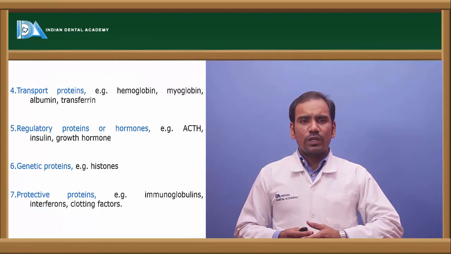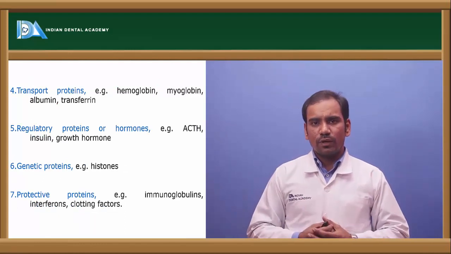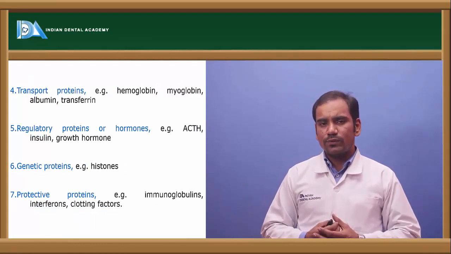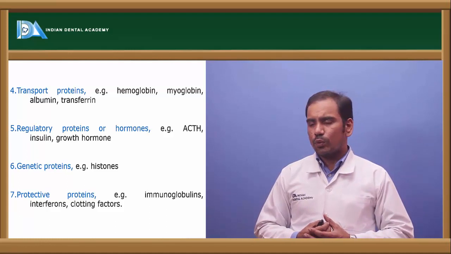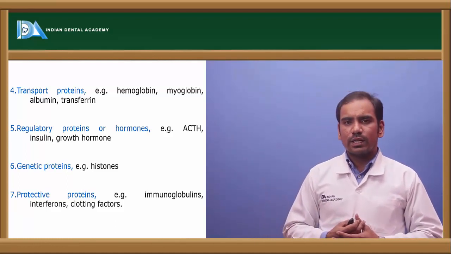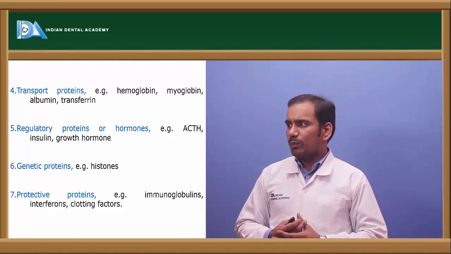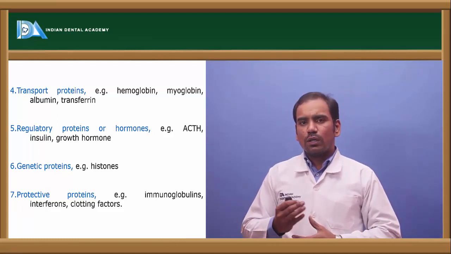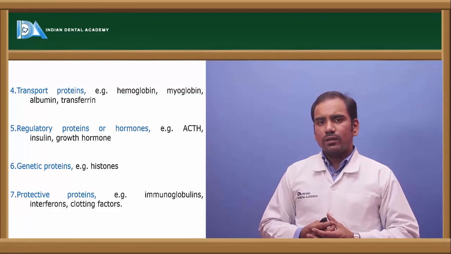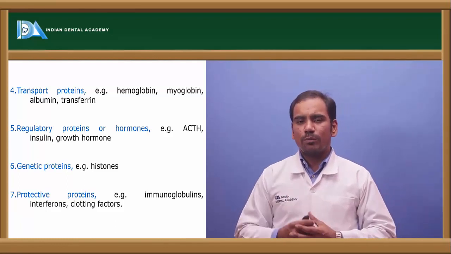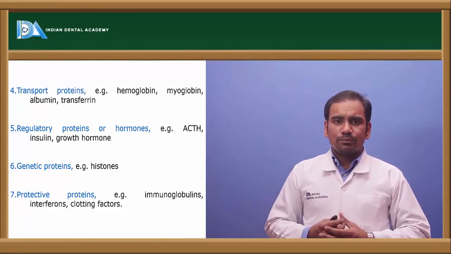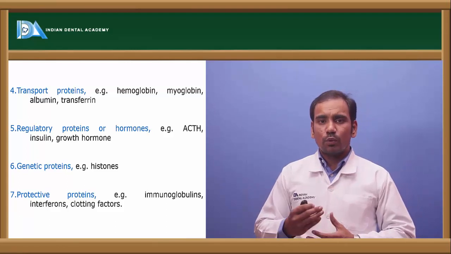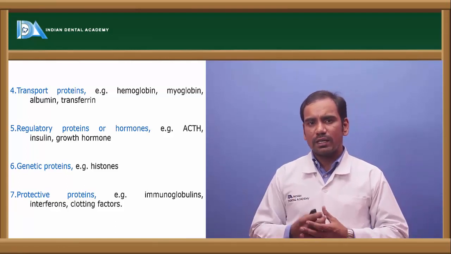And there are some proteins which are involved in the transport of important compounds, molecules. So those are called as transport proteins. So you can take examples like hemoglobin, albumin, transferrin, transthyretin. So all those are the proteins which are involved in the transport of some compounds. And there are some proteins which regulate the metabolisms.